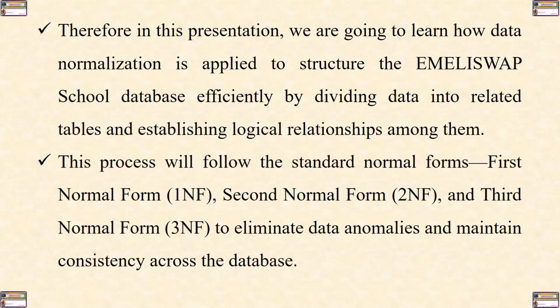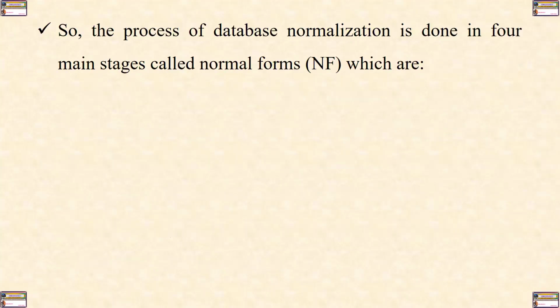This process will follow the standard normal forms. That is from first normal form, which we initialize as 1NF, second normal form, which is written as 2NF, and third normal form, 3NF, to eliminate data anomalies and maintain consistency across the database.